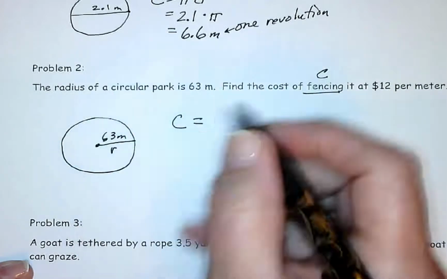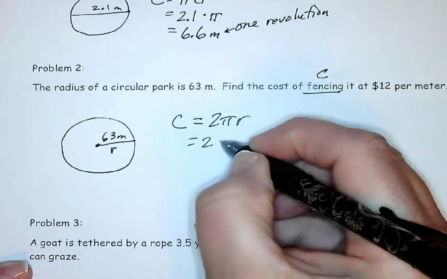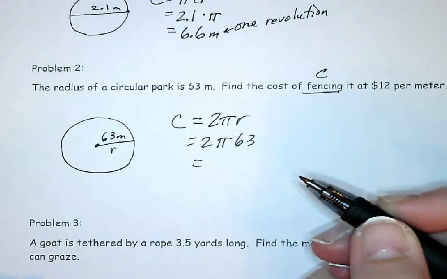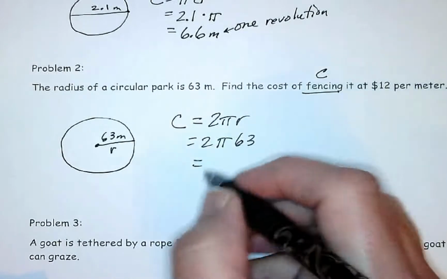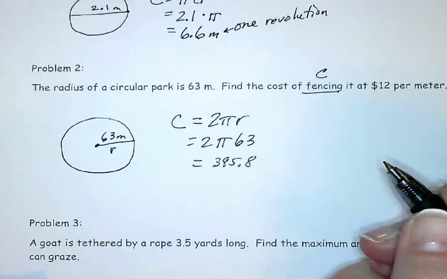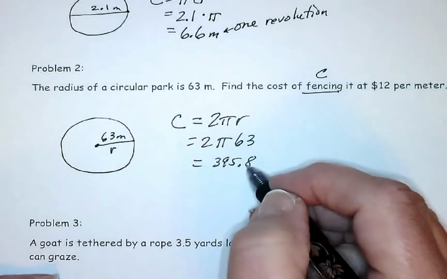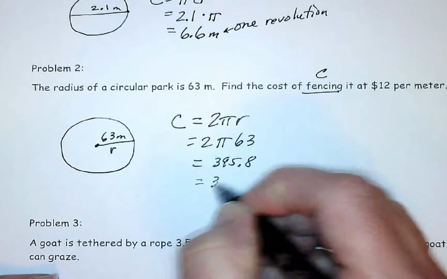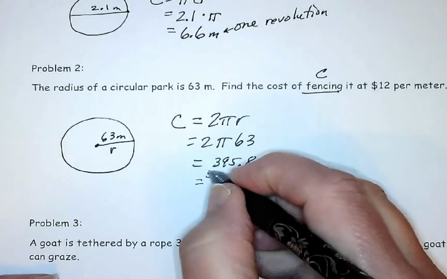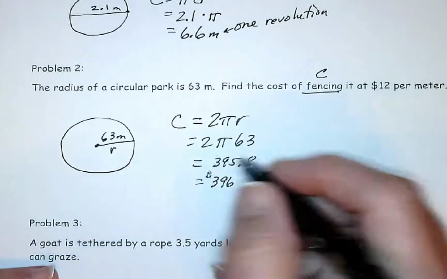Because I'm given the radius, I'm going to use 2 pi r. So 2 times pi times r. And when I make those calculations, it comes out as 395.8. Now, when we're dealing with fencing, we probably aren't going to get that exact. So we're just going to go ahead and round it to 396. Many times on problems like this, it's going to tell you exactly what to round things off to, okay?